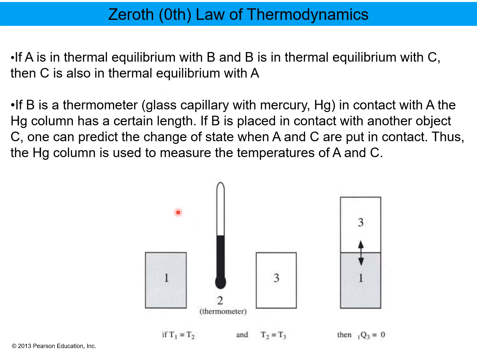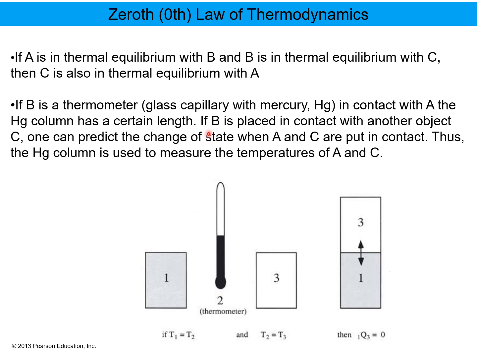In the previous slide, we saw the condition of thermal equilibrium between three bodies A, B, and C, where there is no transfer of energy. If we replace B with a thermometer, which is a glass capillary with mercury, and we put it in contact with A, the mercury will show a certain length.